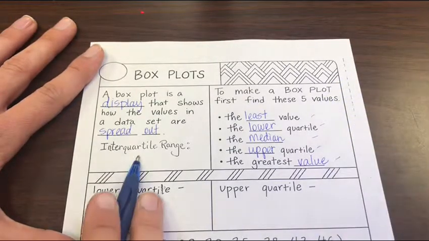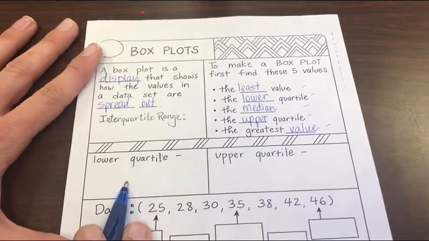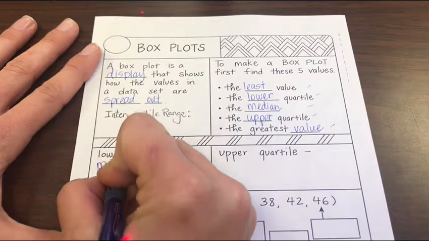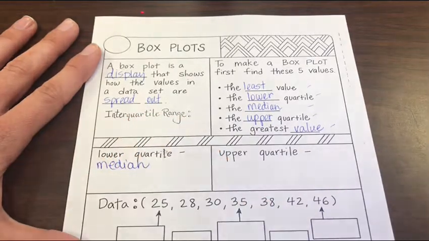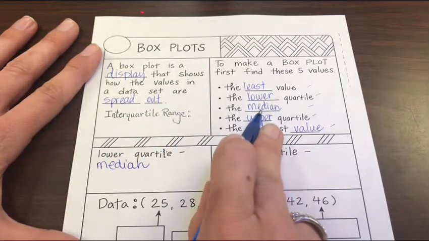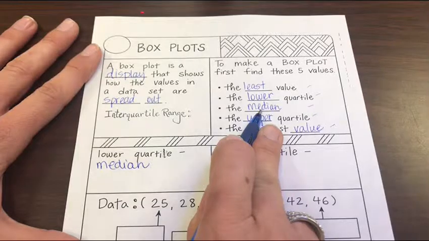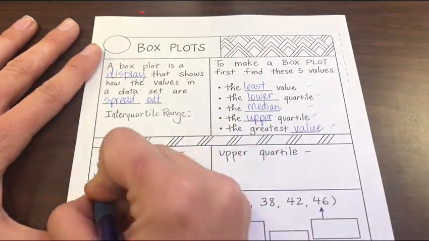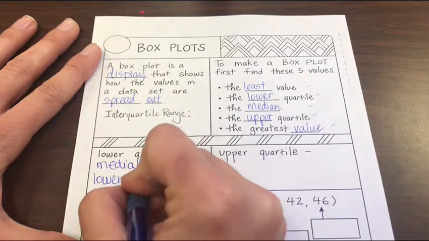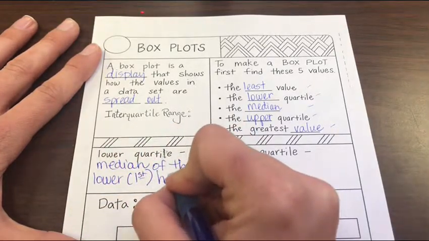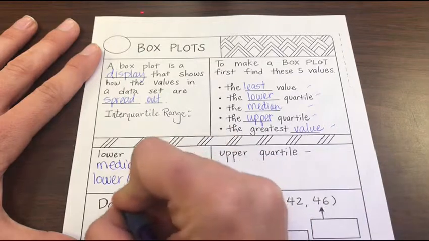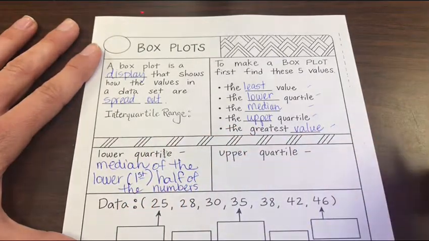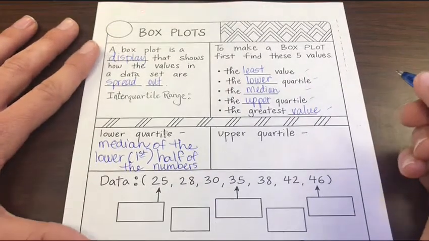We'll come back to this in a minute, but to find your lower quartile, you are going to find the median, the middle number, and then you're going to find the median of the lower, or first, half of the numbers. That's your lower quartile.